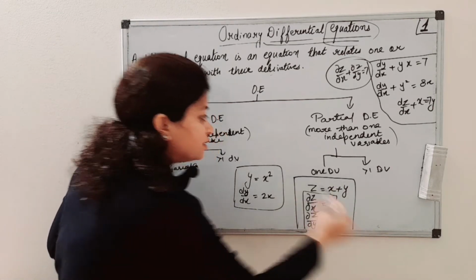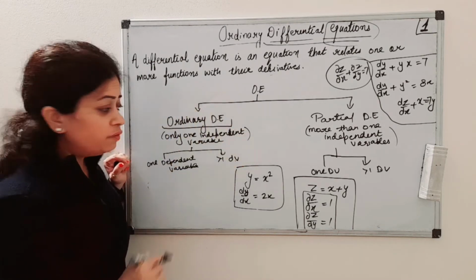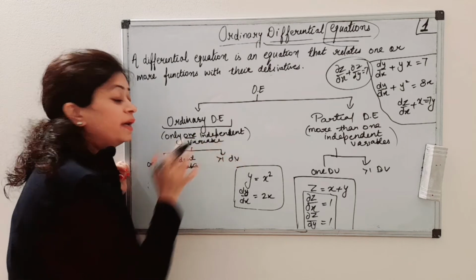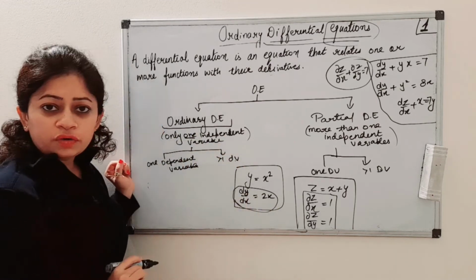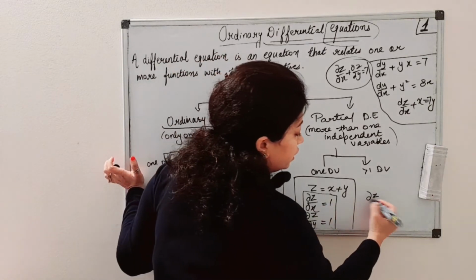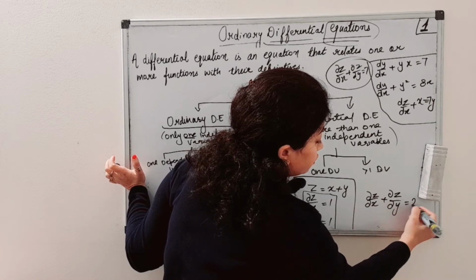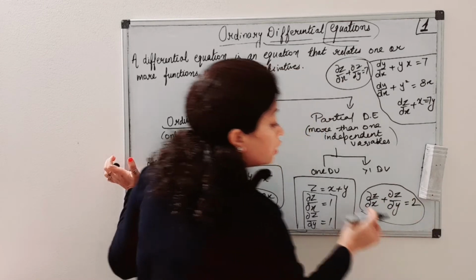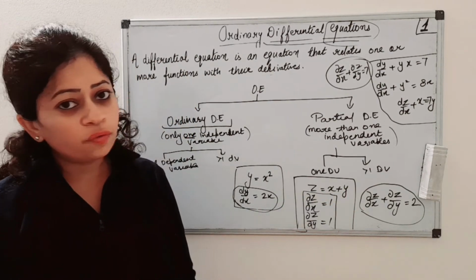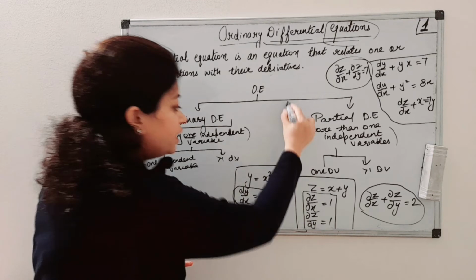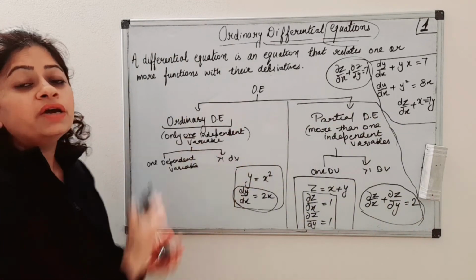So if in a differential equation we have only one independent variable, then we call it an ordinary differential equation. And if in an equation we have more than one independent variable, then we call it a partial differential equation. But we are not studying this in our topic. We will continue with the ordinary part only.